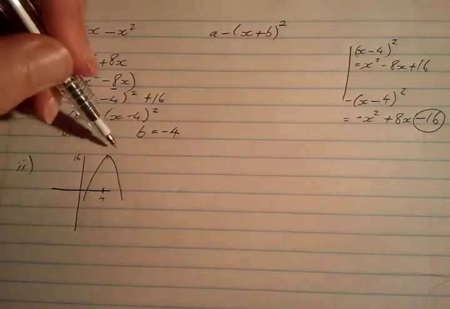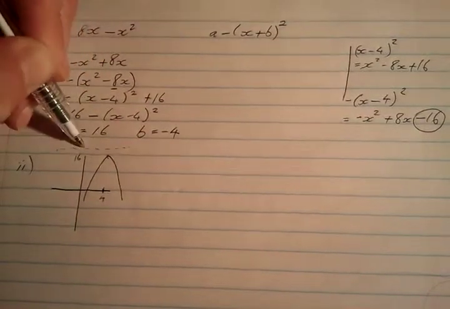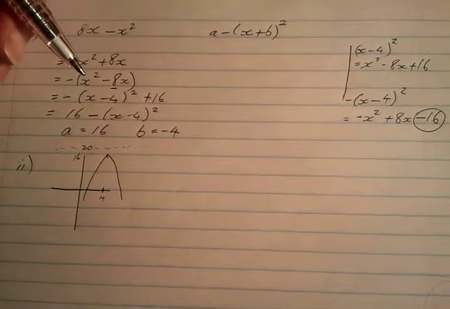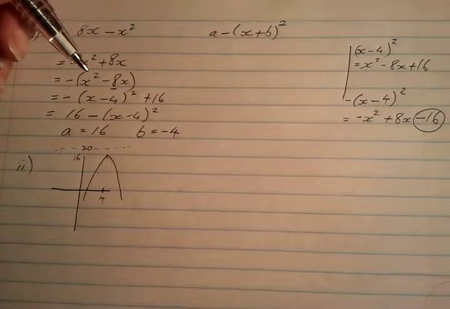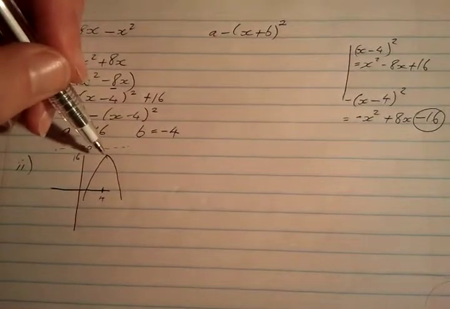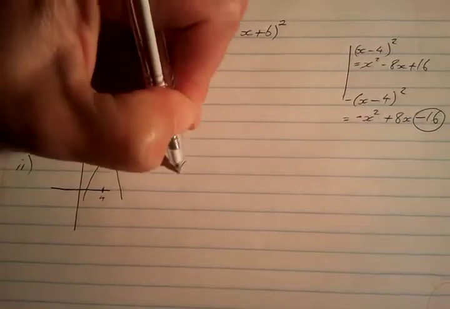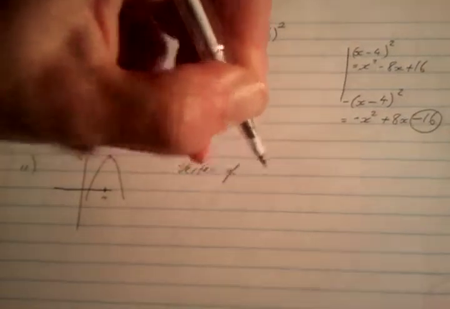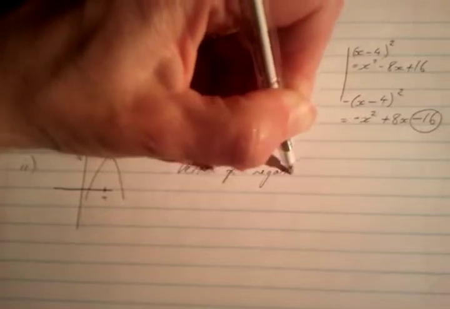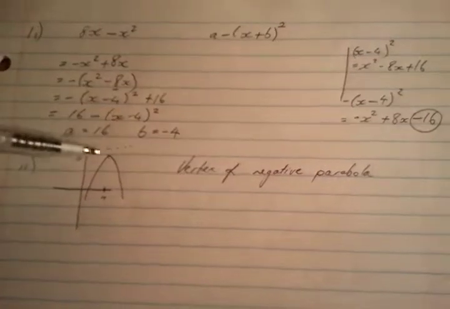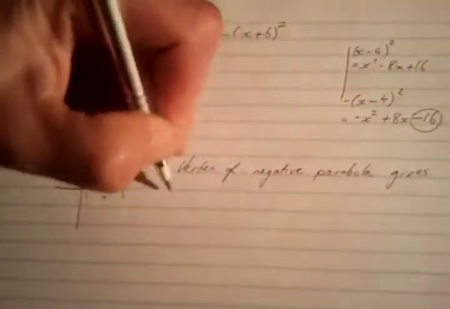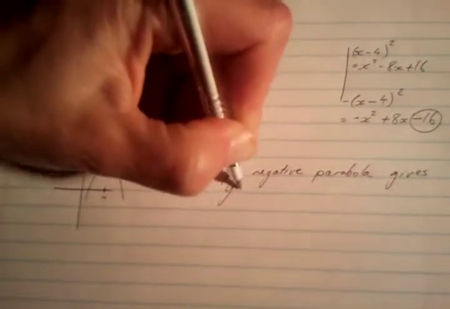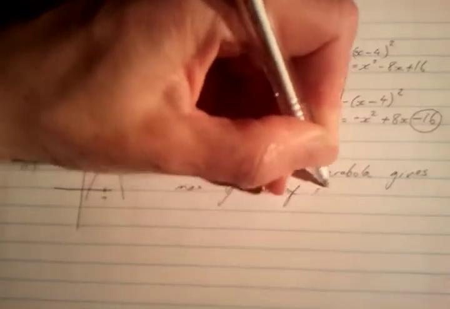Now it's only a very quick sketch, but we can already see that when y equals 20, which is what we're asked to find, we're asked to find all values of x that allow y to be greater than or equal to 20, and we can see that there won't be any. So we could say the vertex of the negative parabola, because it is upside down, and that's the key thing really, is that that vertex is the maximum value, gives a maximum y value of 16.